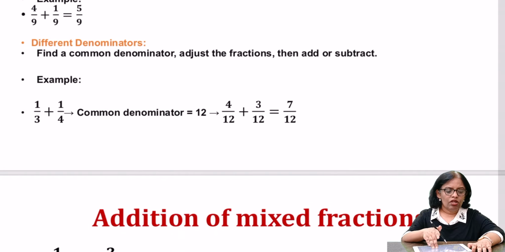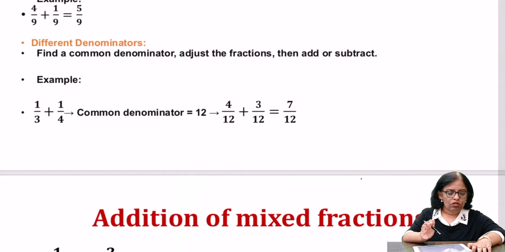And now the next bit confusing part, but if you understand, it will not get confused. Different denominators, right? Now the denominators are different and you have to add the fraction. So don't get baffled, don't get confused. You must know how to find out the LCM of the denominator.